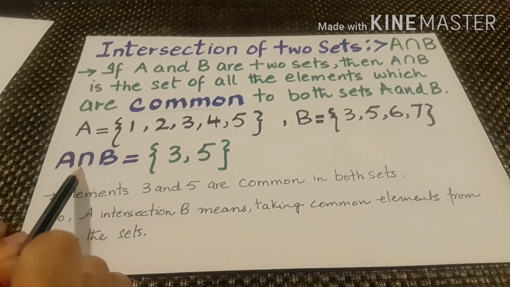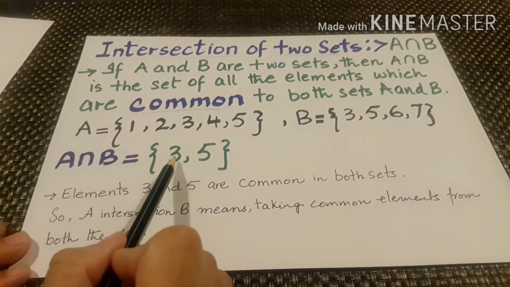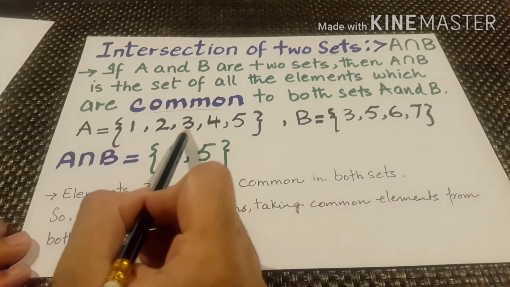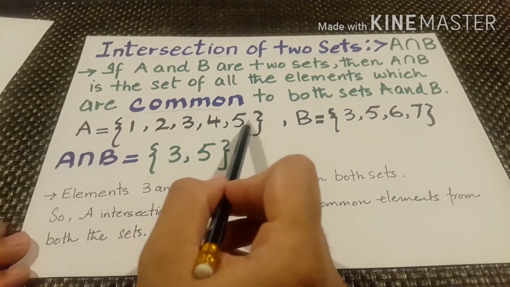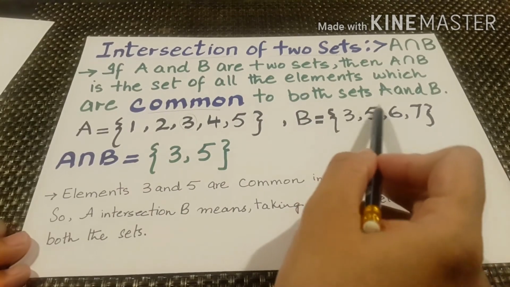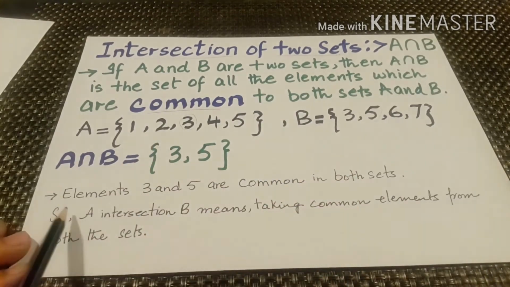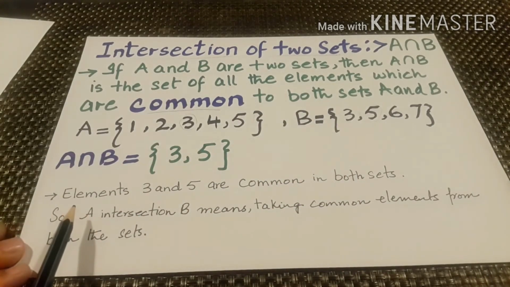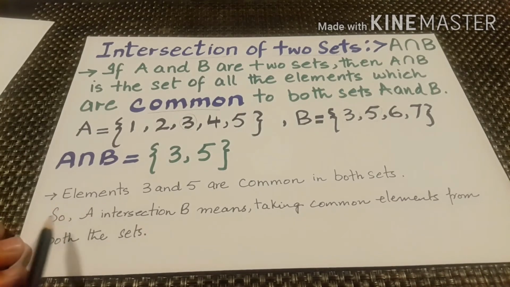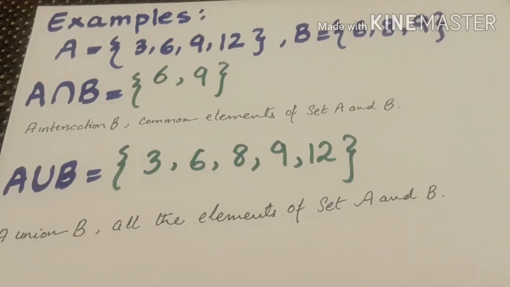Now A intersection B is equal to 3 and 5 because 3 and 5 are common in both the sets. So A intersection B means taking common elements from both the sets. Let's do some examples.